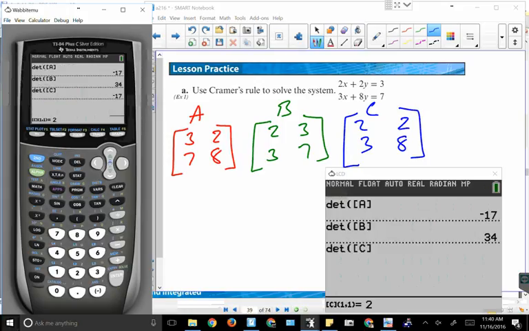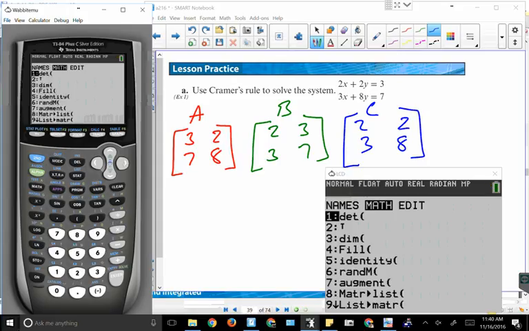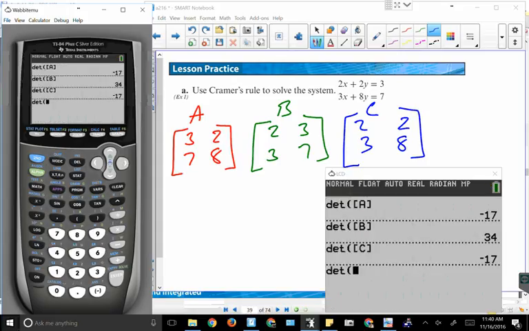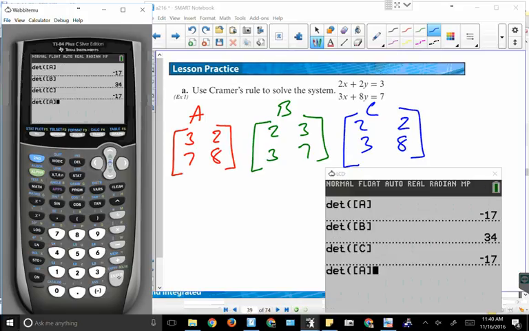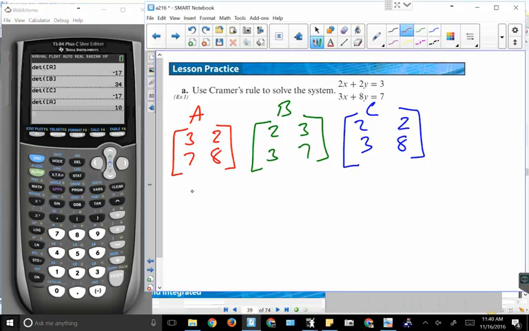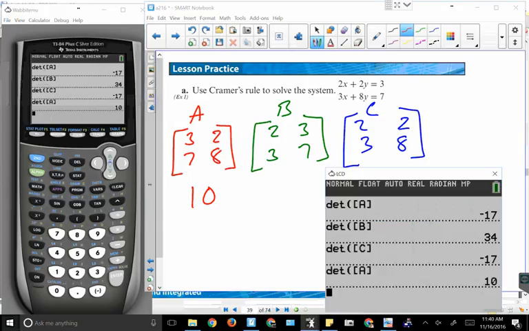Second quit. Now I want the determinants of these three, correct? So we go second, matrix, math, determinant, second, matrix, A, enter. So the determinant for this one is going to be 10. So matrix A's determinant is 10. Same thing again. I want to do the determinant for B now.